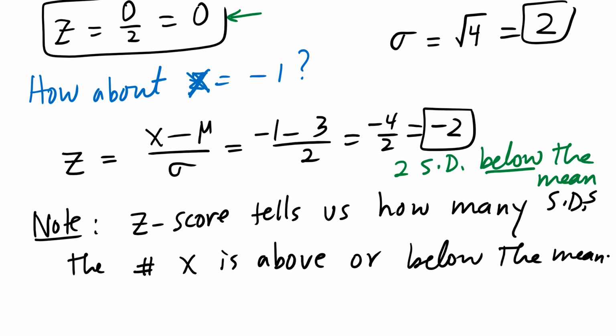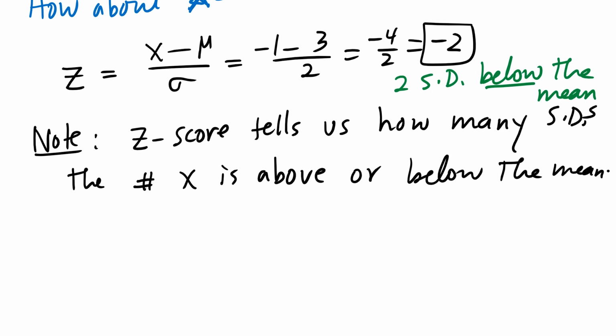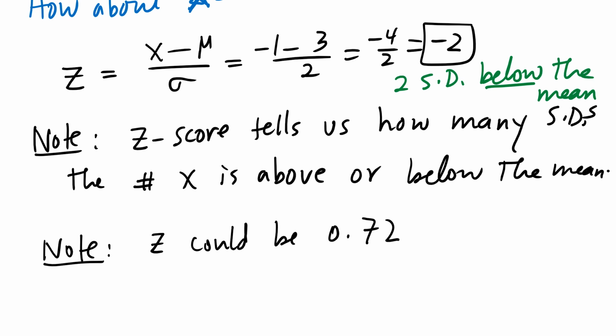Well, that's just another note. It doesn't always have to be an integer. So as another note, z could be, let's say, 0.72 for example.